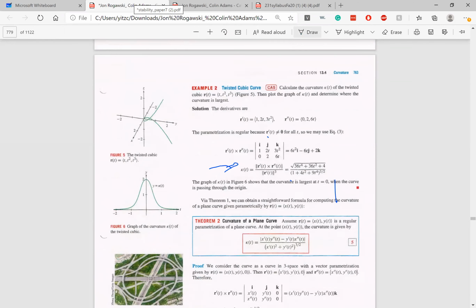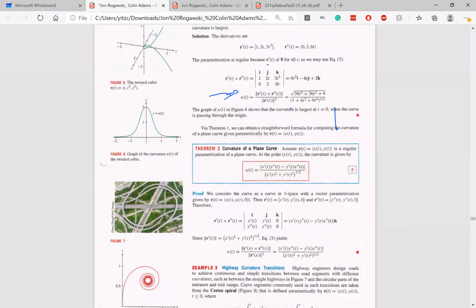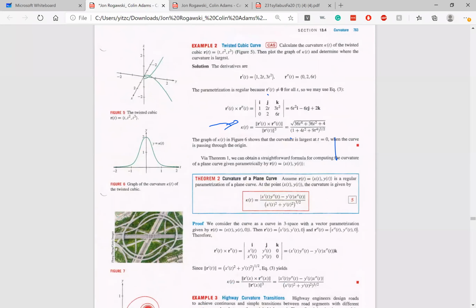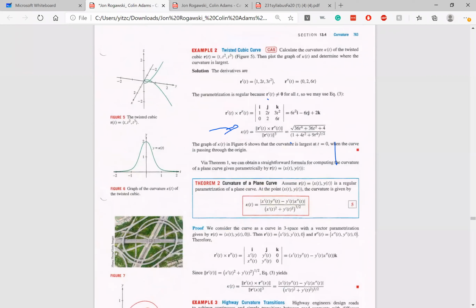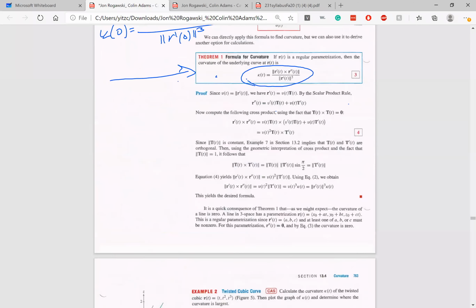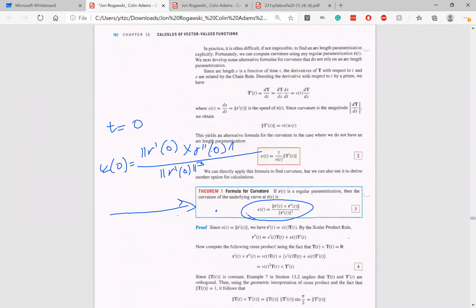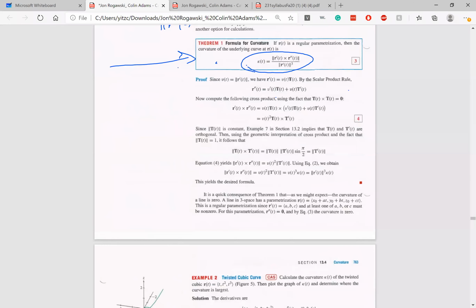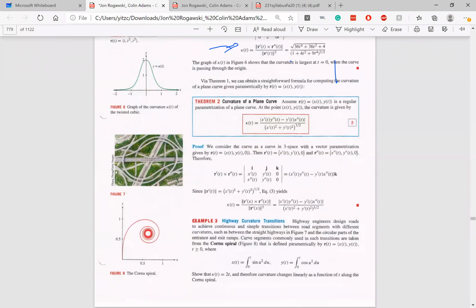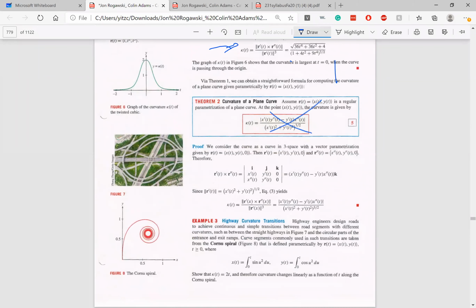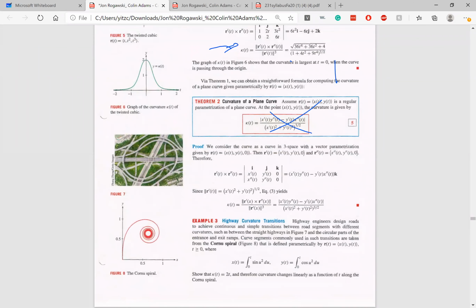Okay. And now this formula over here is just going to take this formula and simplify it. It's simplifying it for the case of a plane, and I would say there actually is not a good reason at this point to learn it specifically. Just use the previous formula.